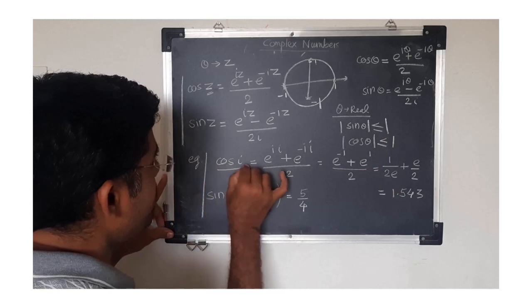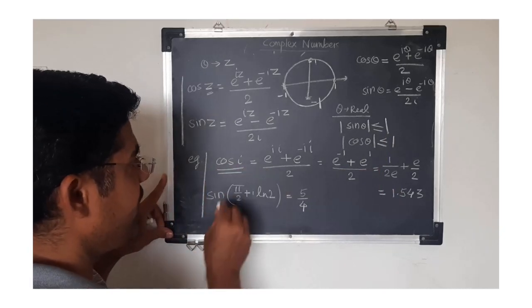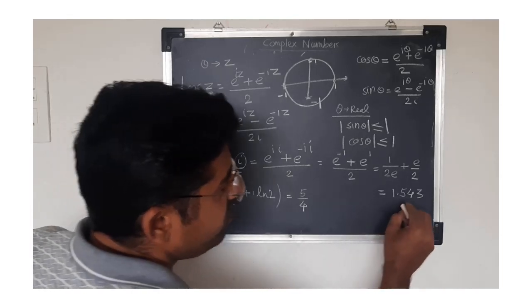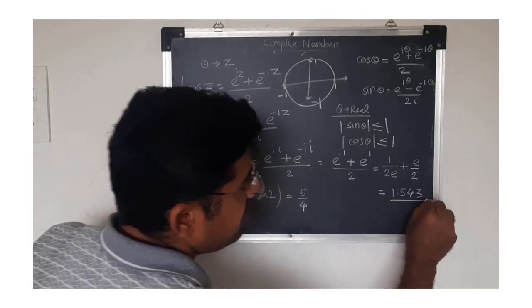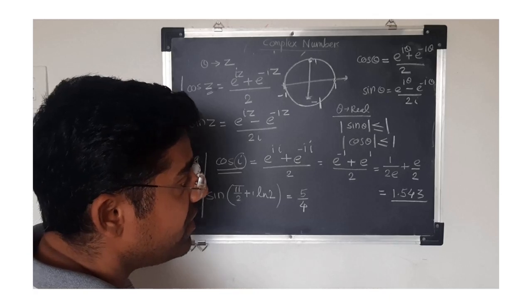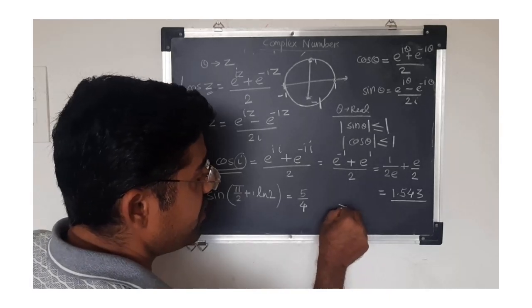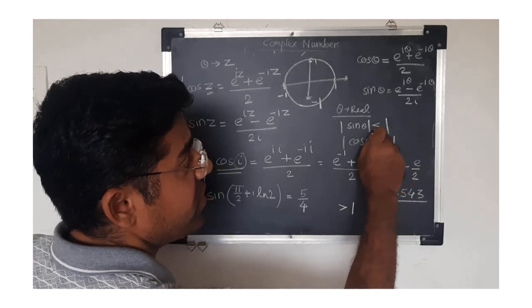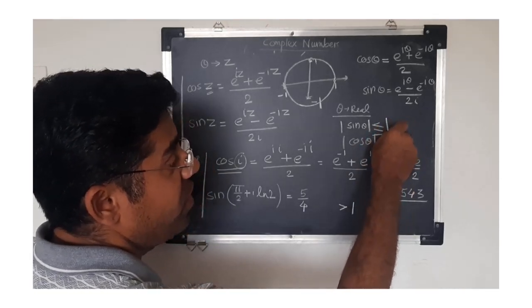But in these two problems, if your variable is a complex variable, then in that case you can get any value, which may be greater than 1. In the real case this is not possible; it is less than or equal to 1.